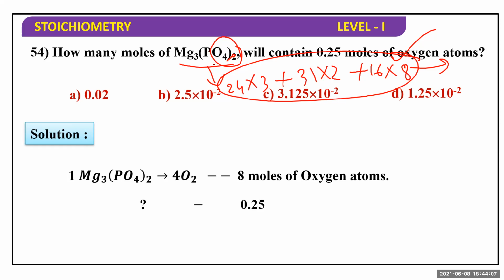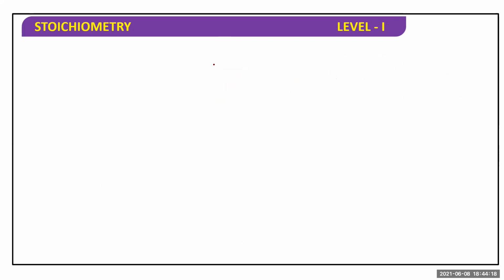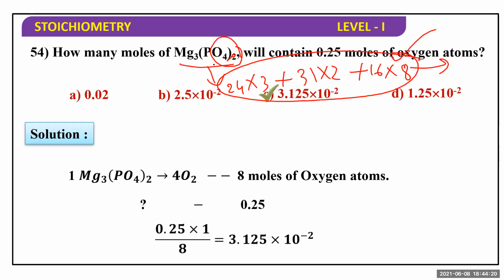So 0.25 moles contains 0.25 divided by 8, which is 3.125 × 10^-2. Yes, sir. Clear? Good. Option C is the correct answer.